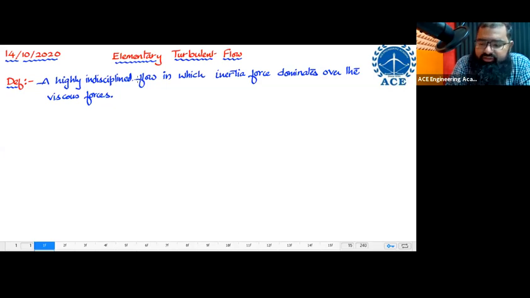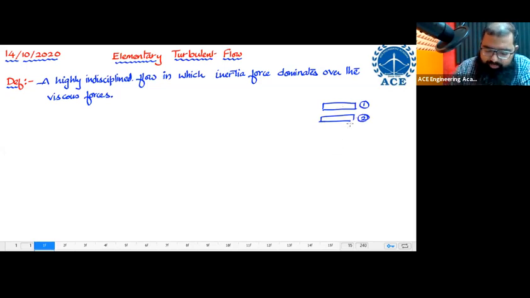Imagine there is a particular layer over here. Let us say this is some layer 1, this is some layer 2, and likewise I'm having n number of layers. What was happening in laminar flow? In laminar flow, any fluid particle from a particular layer remained in that layer only as you move forward.